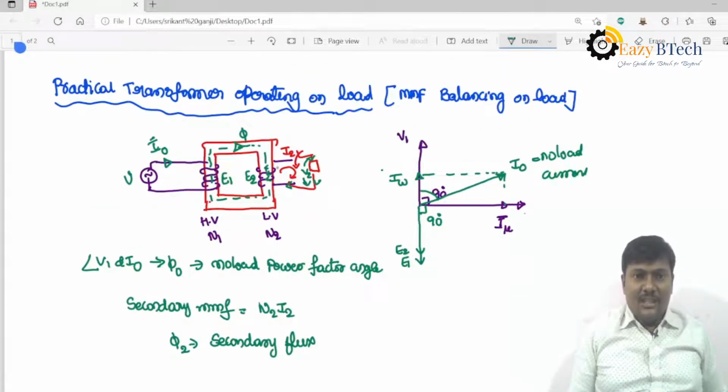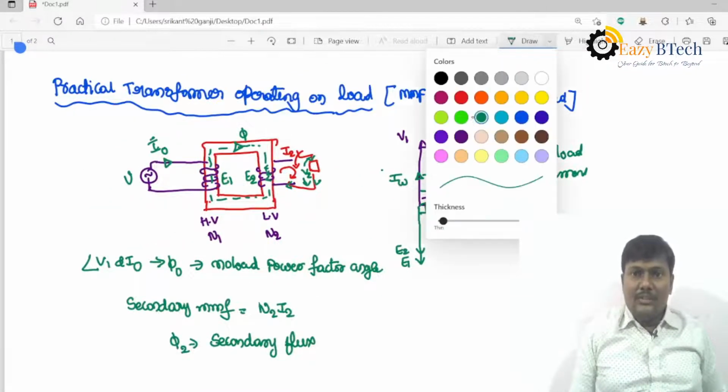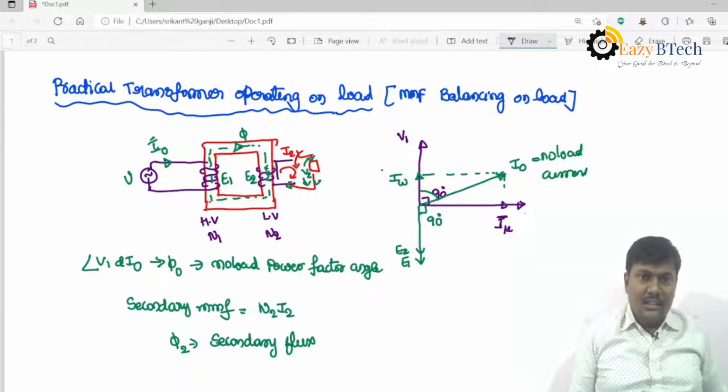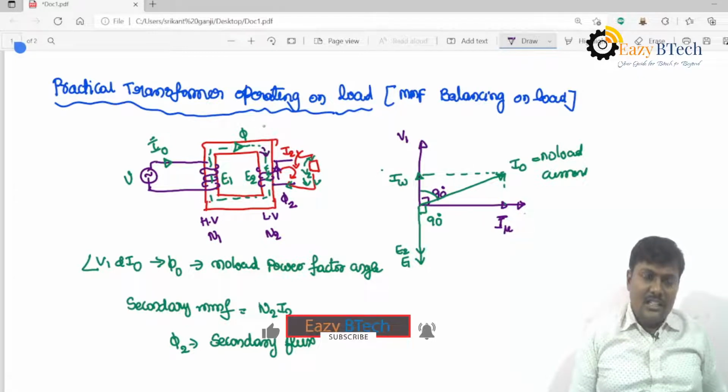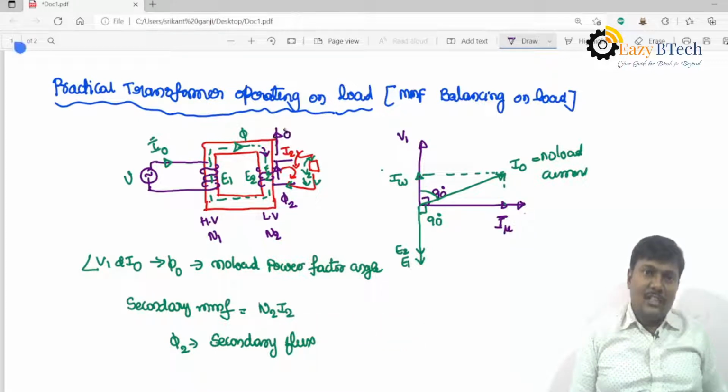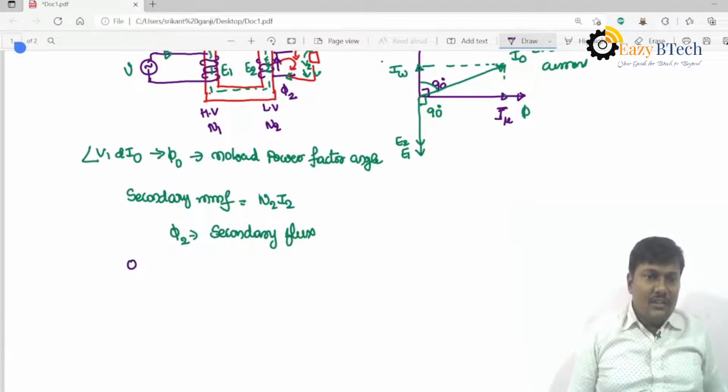This secondary flux opposes the main field flux. So this is the flux direction at a particular instant, during the positive half cycle. The flux produced by the load is in the opposite direction, so the net flux will decrease to phi minus phi 2.